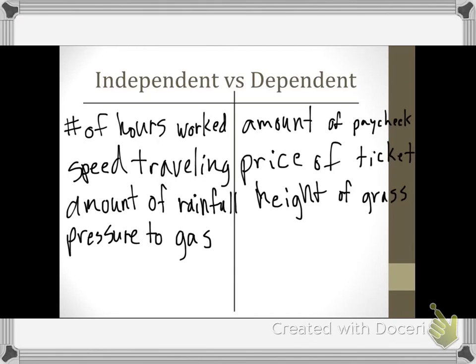My dependent variable would be the speed of the car. So how fast my car is going depends on how much pressure I'm applying to my gas pedal. Like I said, if I push the gas pedal down farther, the car is going to go faster. If I let off the gas pedal, my car is going to slow down.